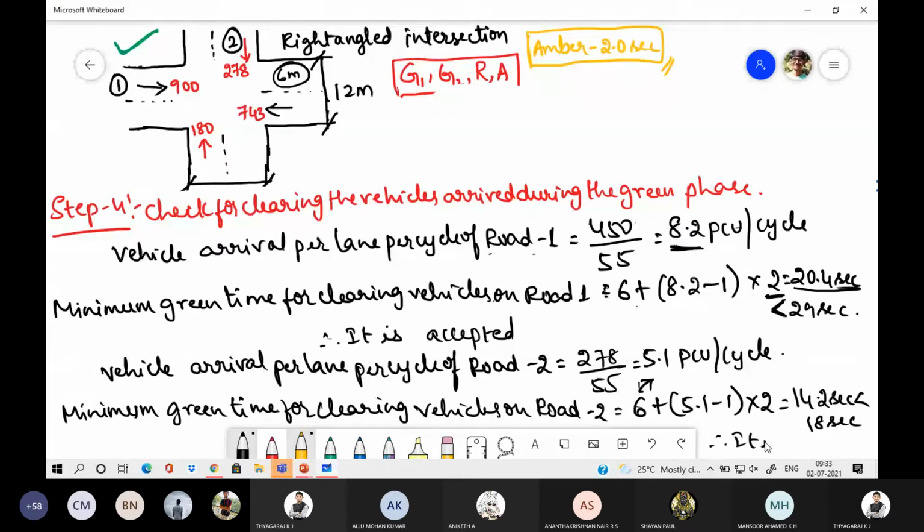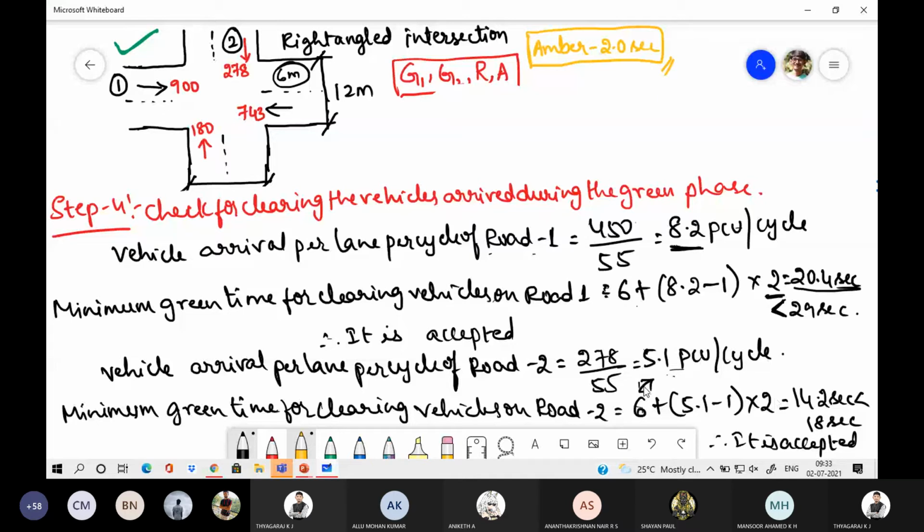Therefore, it is accepted. So remember the vehicle arrival pattern. Whatever the design traffic we have considered divided by the total signal time, we are going to get in terms of 5.1 PCU per cycle. That is, in one cycle we can move 5 PCU. Then minimum green time: 6 plus 5.1 minus 1 into 2.